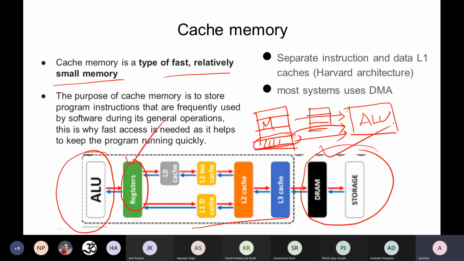It is faster than your memory, but not as costly as a register. So this is the hierarchy from ALU to register, to this cache, and then your actual memory or main memory.